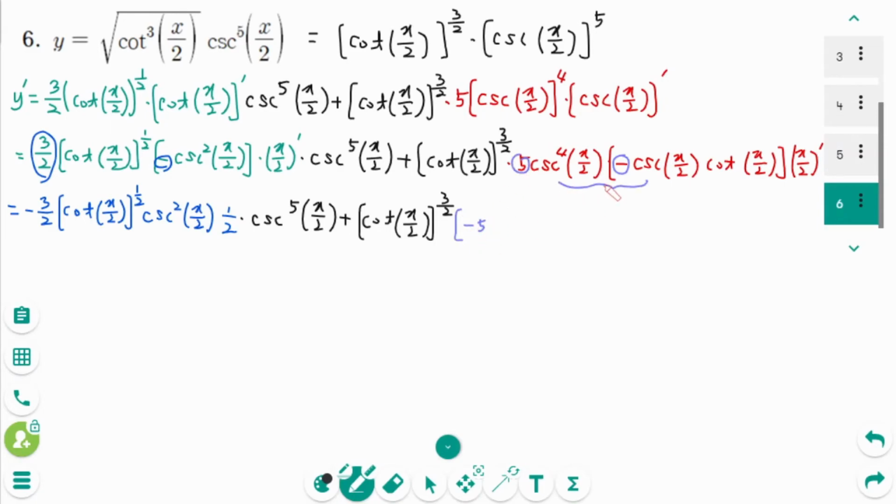Then this makes together cosecant to the power of 5 of x/2 times cotangent(x/2) times (x/2) prime, which is 1 over 2.